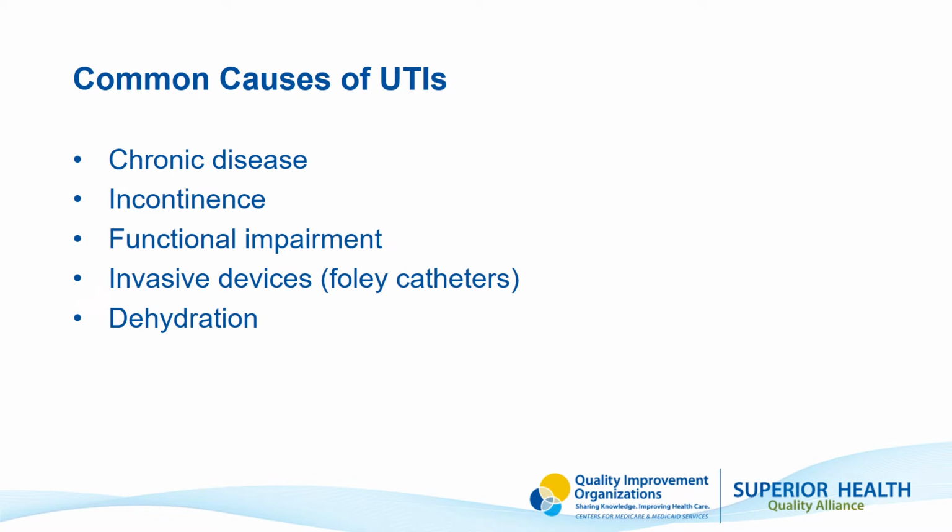People with functional impairment, including decreased mobility, are at a higher risk for UTIs as they are more likely to have incomplete bladder emptying after voiding. Invasive devices, such as urinary catheters, allow bacteria and viruses to enter the body.